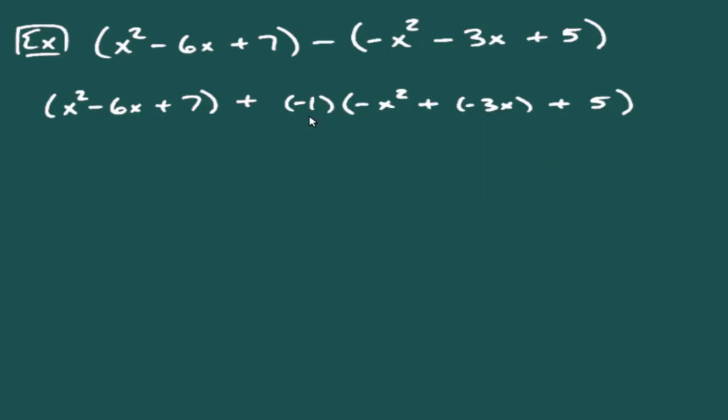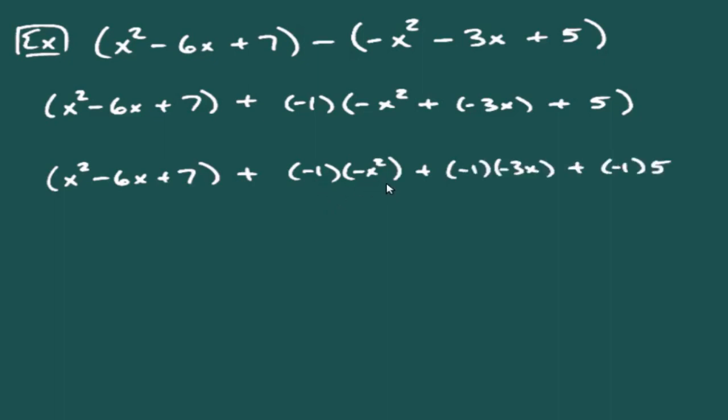Okay, so our negative 1 gets distributed to all three terms. That's distributive property. So we have x squared minus 6x plus 7 plus a negative 1 times a negative x squared plus a negative 1 times a negative 3x plus a negative 1 times the 5. And so the negative 1 times negative x squared gives us a positive x squared.